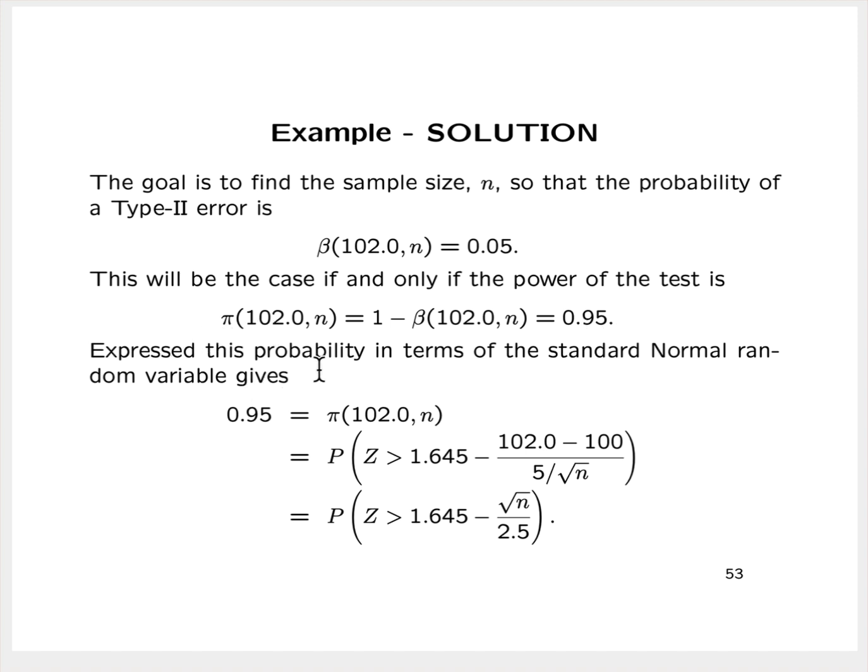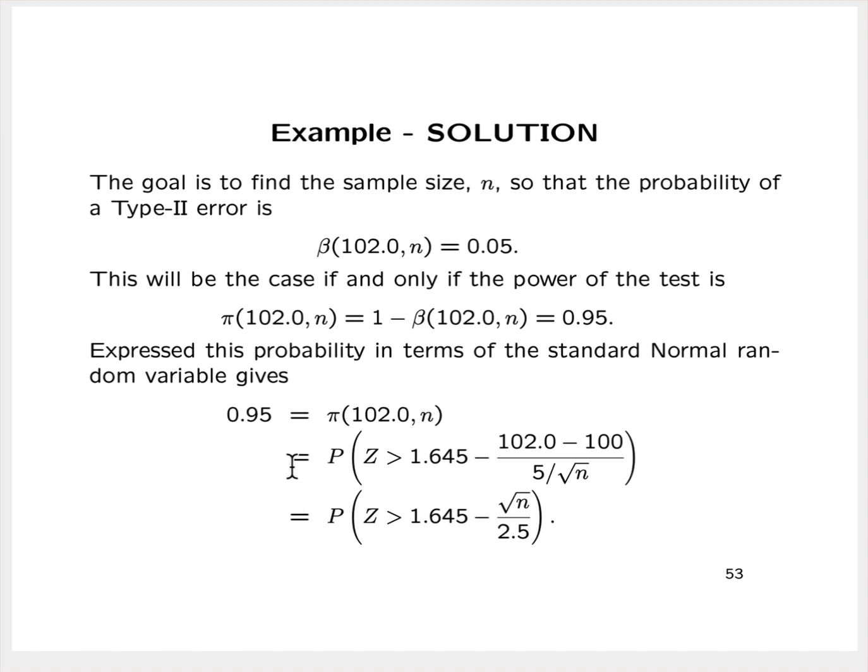Now, recalling the formula for the power, we can re-express this equation in the following way. 0.95 equal to the power function evaluated at mu equal to 102.0 and the sample size n, whatever it's going to work out to be.